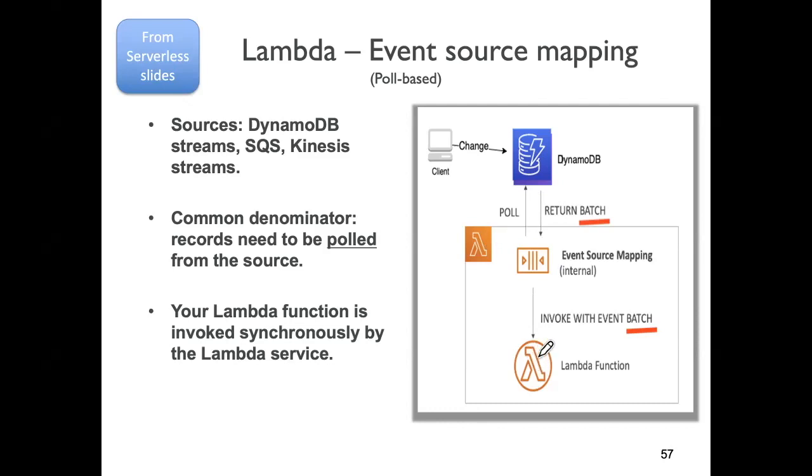So this Lambda is going to be receiving messages where each message corresponds to an entry in the DynamoDB stream of changes. Internally, what the Lambda service does is it takes the new entries on the stream, and it puts them into an internal queue.